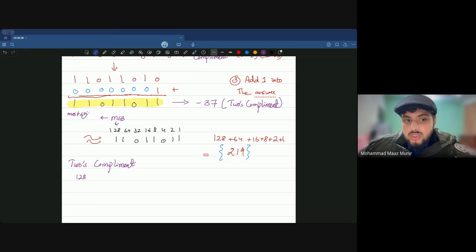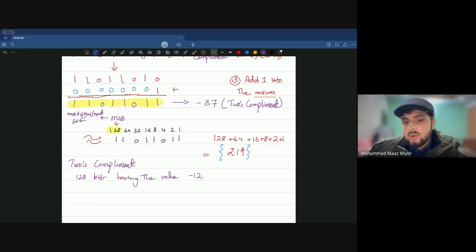Why is it your most significant bit? Because it has the greatest value, right? You tell me, among all the values, this has value 1, this has 2, 4, 8, 16, which one has the greatest value? This bit, right? It has the most value. And so when we write 2's complement and we use the 2's complement method to find a specific answer, the 2's complement basically results in the 128 bit having the value -128.